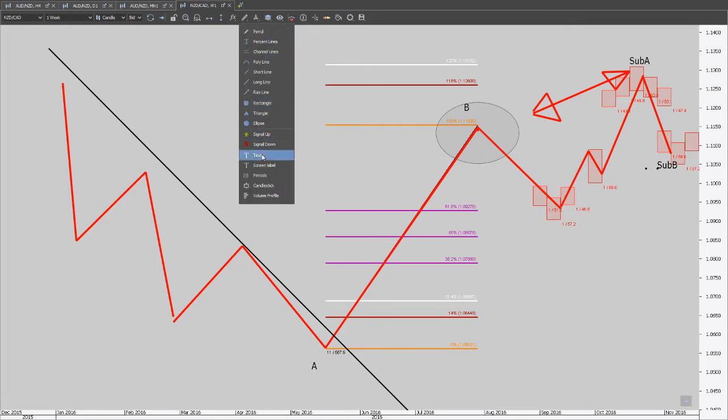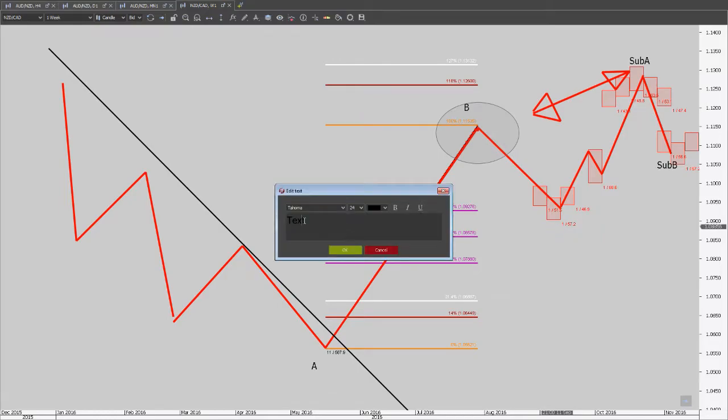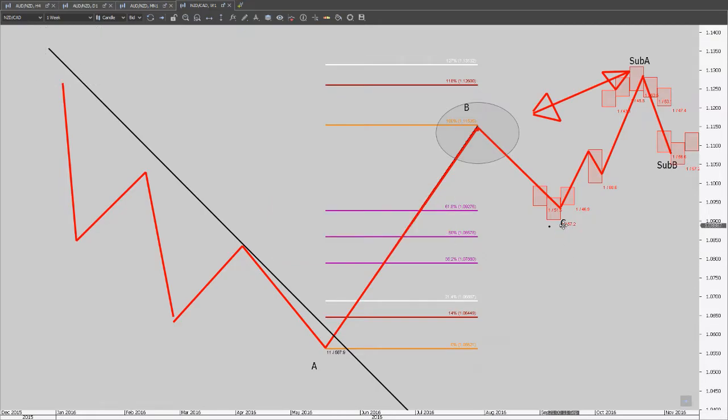So this is the C right now, yes? Why? What is the C? The C is the lowest point inside the AB boundary after the B, before the market hits the appropriate extension. So this is the C right now. Okay?